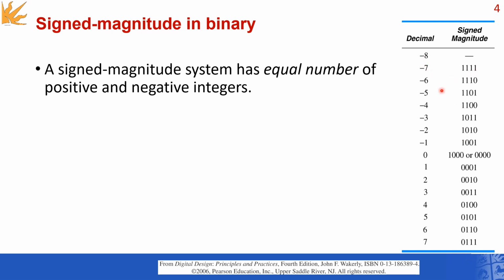From -7 up to -1, you got in total 7 integers. And at the same time, you've got 7 positive numbers from 1 up to 7. Now, what is important to note is that when you use a signed magnitude system, then you have two representations for 0, which makes sense. It's like saying -0 or +0. It means exactly the same thing.